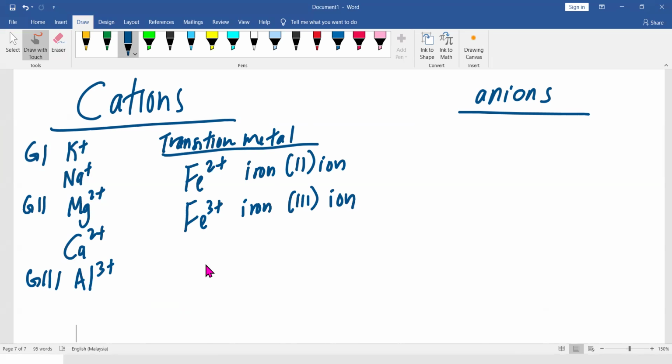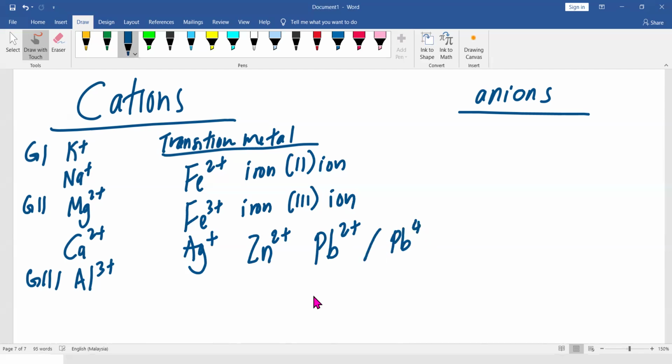What is Ag? Silver, only positive 1. Zinc, only positive 2. Lead, Pb2+ and Pb4+, lead(II) and lead(IV). Copper, copper(II) and copper(I).